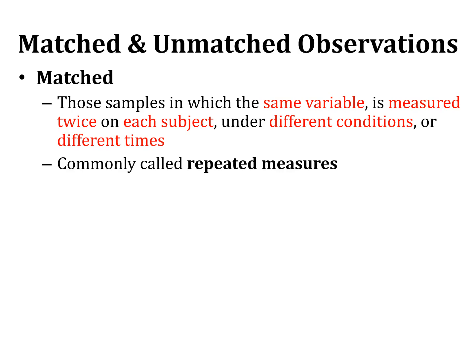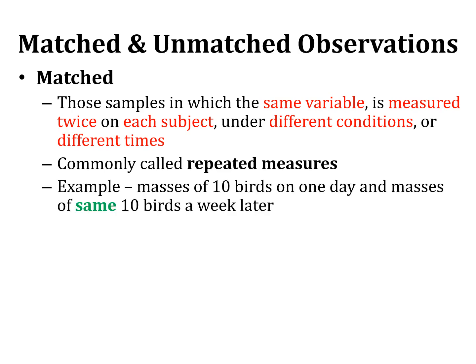These are commonly called repeated measures, because the observation is repeatedly measured. That is why this is known as the repeated measures test. An example is masses of 10 birds on day 1 and masses of the same 10 birds a week later.